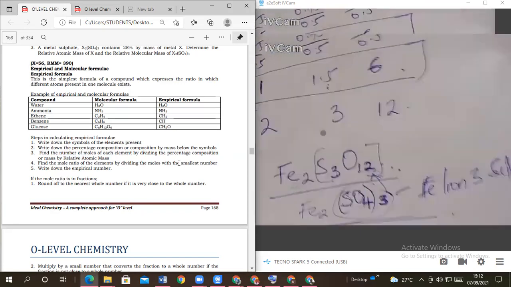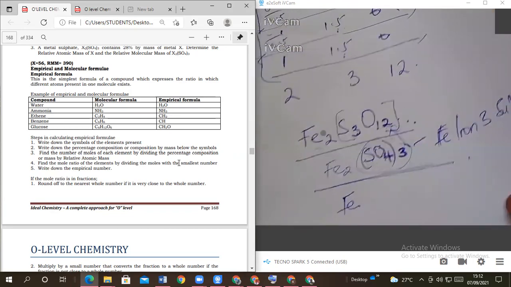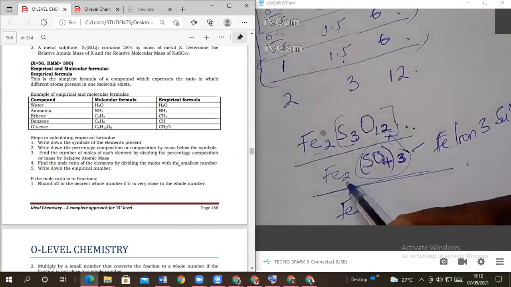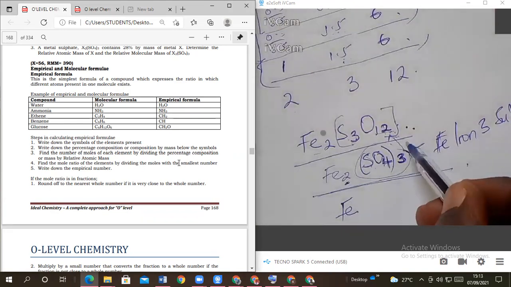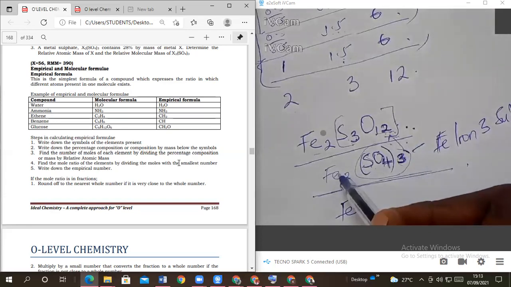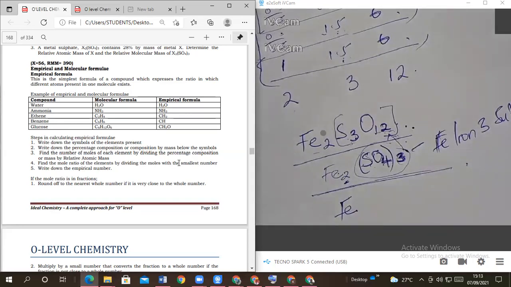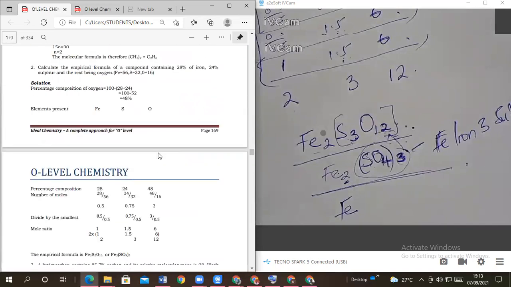Wow. The valency of iron is not 2. This 2 is the valence of what? Of sulfate, isn't it? Then this 3 is the valence of what? Of iron. Is it clear? Yes? Okay. Hope you have understood that one.